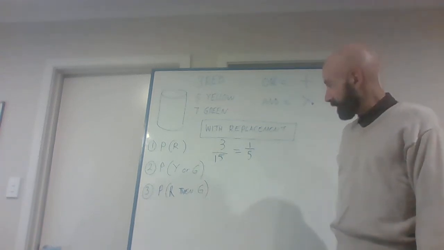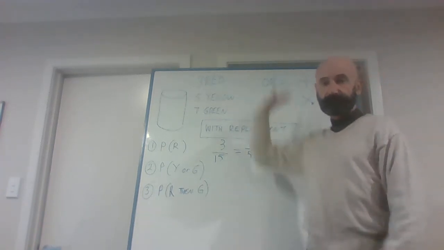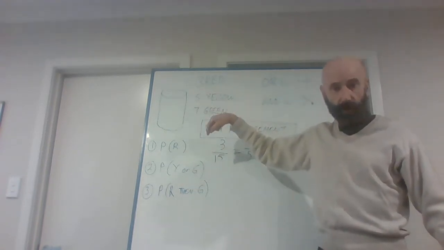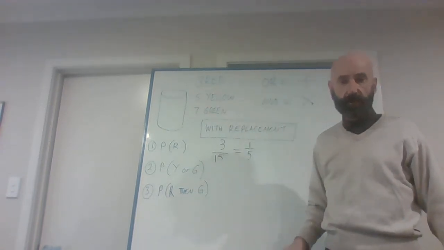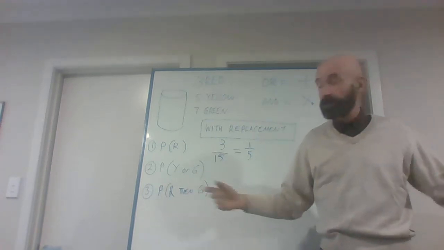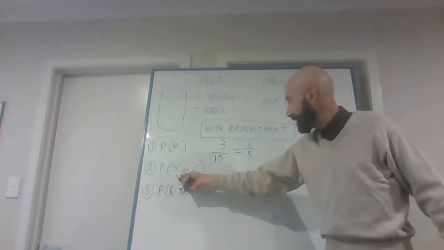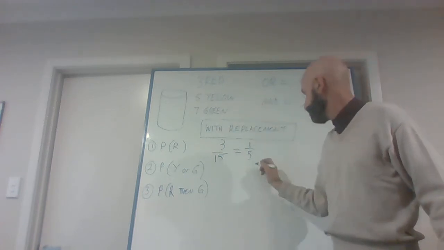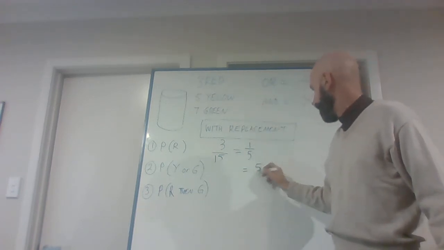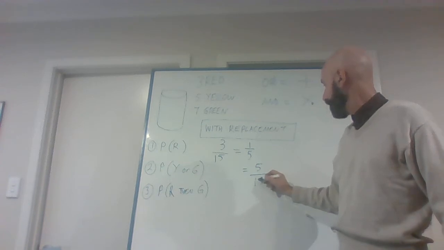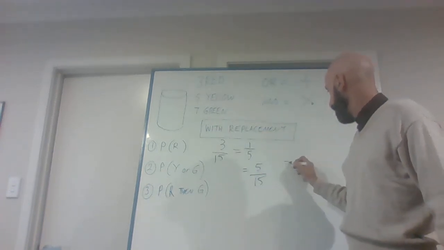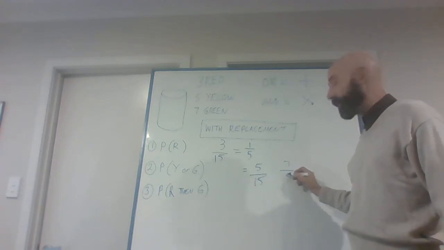Okay, well, what's the probability of pulling out a yellow one or pulling out a green one? Either, I don't care. Well, what's the probability of getting a yellow one? 5 over 15. What's the probability of getting a green one? I've got 7 green and I've got 15 altogether.